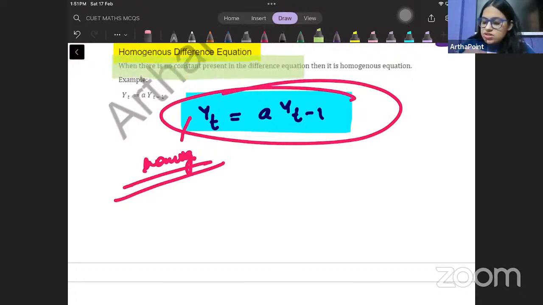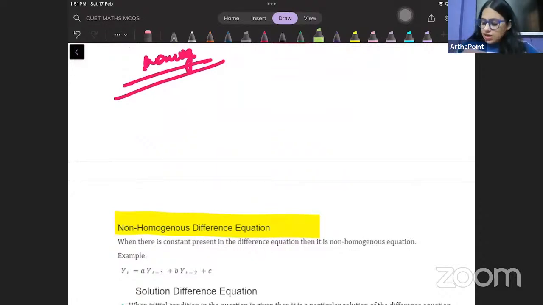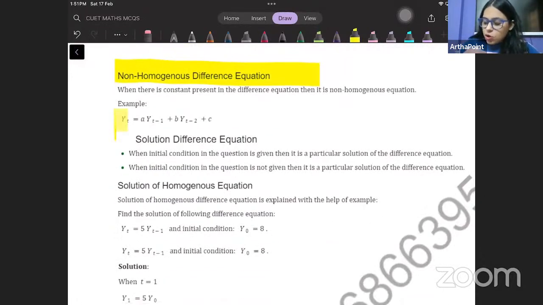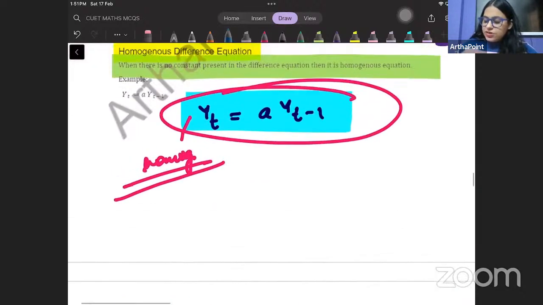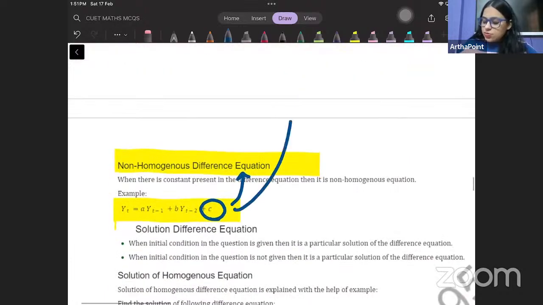When there is no constant present in the difference equation, it is called a homogeneous difference equation. But if a constant is present, like here, this is the constant present, then it is called a non-homogeneous difference equation. So a homogeneous difference equation has no constant present. A non-homogeneous difference equation has the presence of a constant.